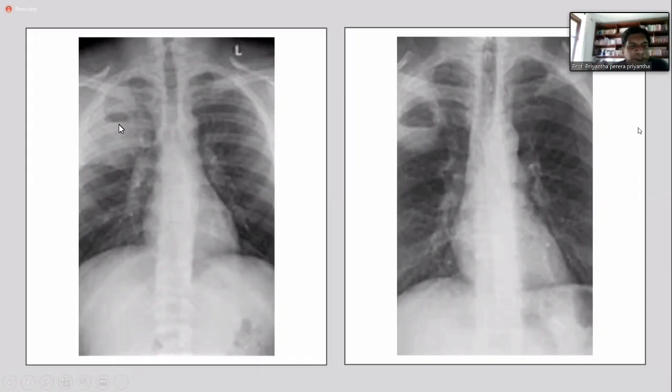If you see this, what is the most likely microorganism to cause it? Staph aureus. So you have to give an anti-staphylococcal antibiotic if you see a lung abscess, right?